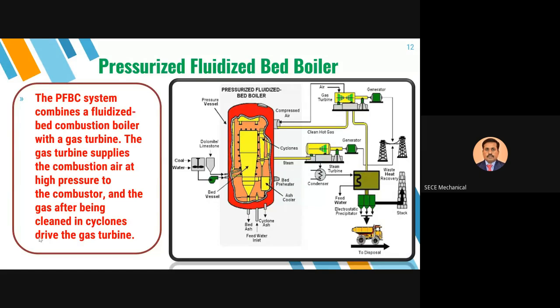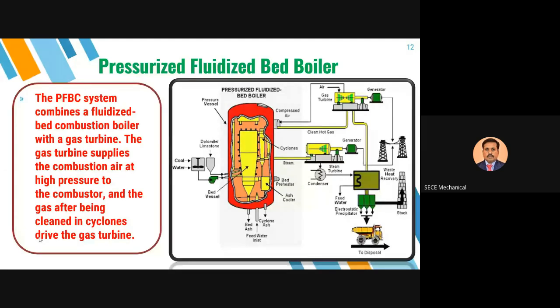So in the pressurized fluidized boiler system, a fluidized bed combustion chamber boiler is combined with the gas turbine. The gas turbine supplies the combustion air at high pressure to the combustor, and the gas, after being cleaned in the cyclone, drives the gas turbine. In a similar manner, the cyclone tank is also attached along with your furnace.